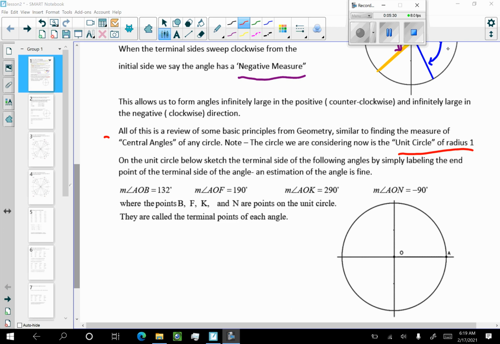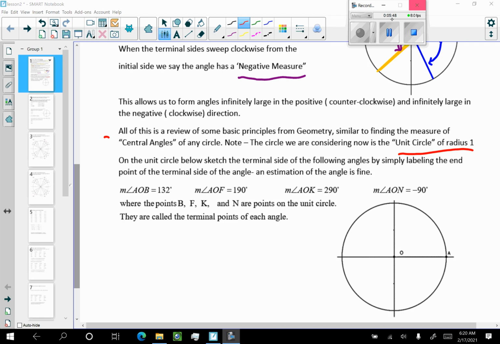So, if you recall about circles, we had central angles, and angles were indeed restricted from 0 to 360 degrees. So we talked about central angles of circles, and that's basically what we're doing here.